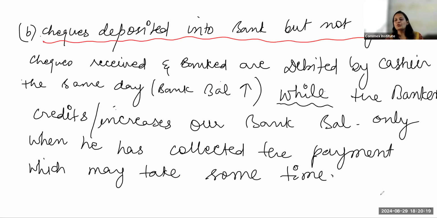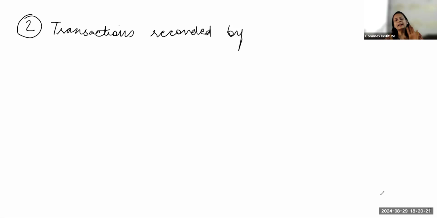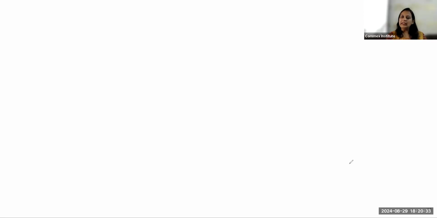To clear this, leave 2 sheets and write this, because I'm moving on to this confusion, which will be in many students' minds. Let's first understand the debit and credit concept. Leave 2 pages and write this.